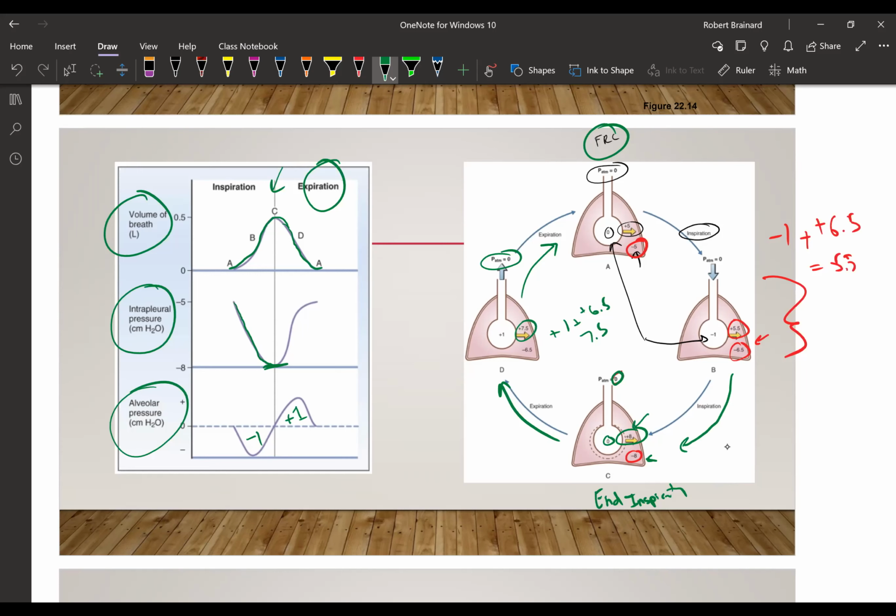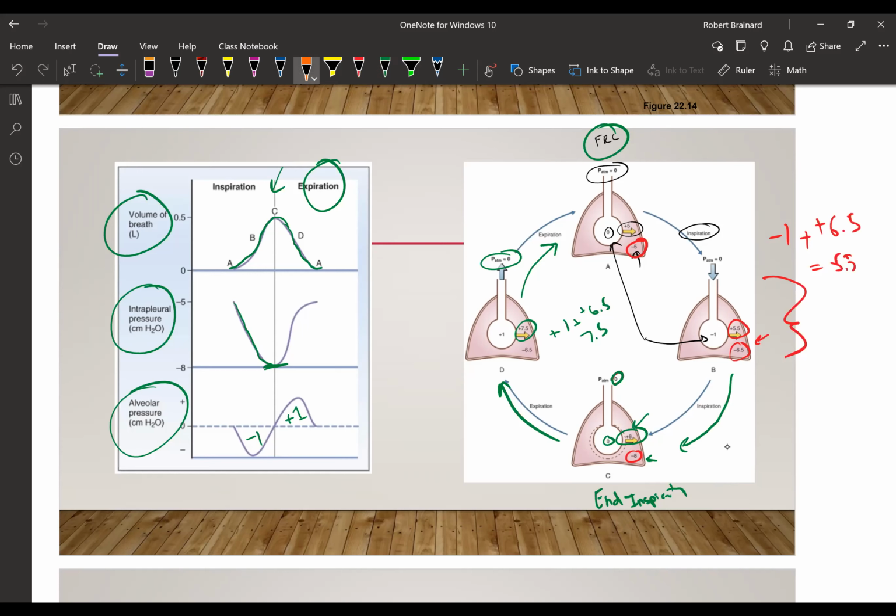Towards the end of inspiration, is alveolar pressure increasing, decreasing, or staying the same? I'll say that again: not at the end of inspiration, but as we move from mid-inspiration to the end of inspiration, is alveolar pressure increasing or decreasing? Increasing? Yes, that's key right there. Do you see that?